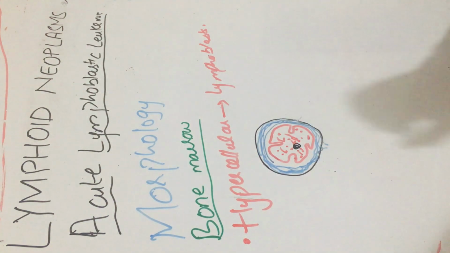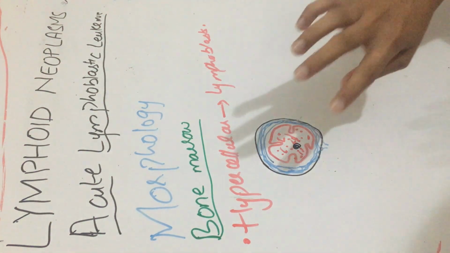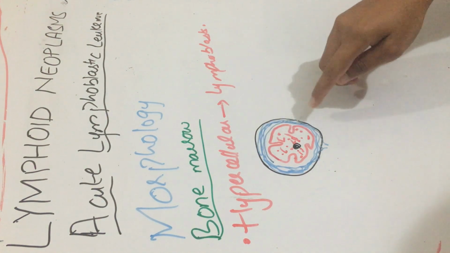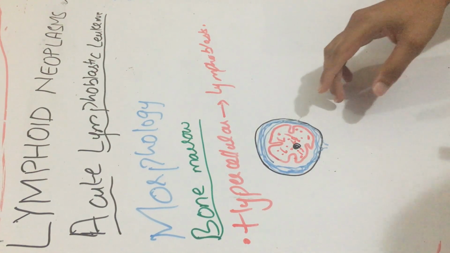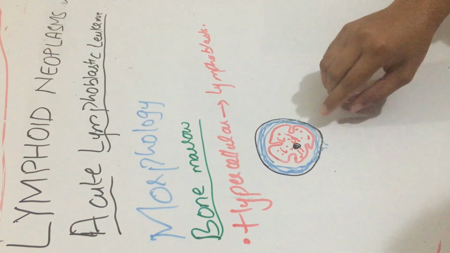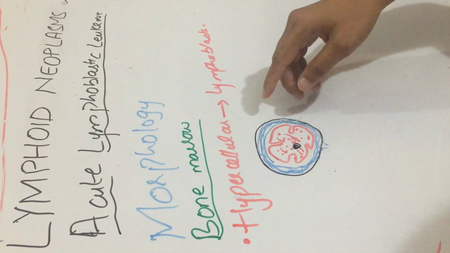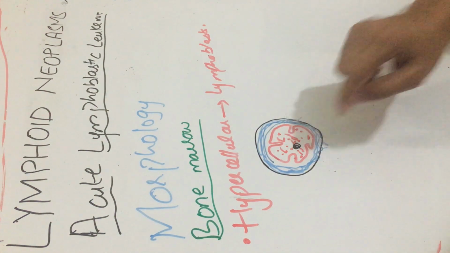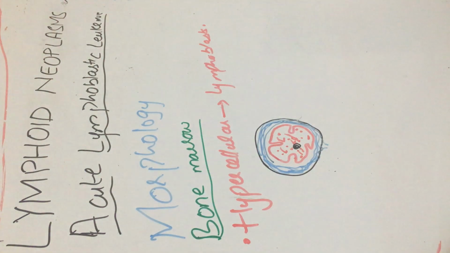So the morphology of the lymphoblast: scanty cytoplasm, a subdivided and cleaved nuclear membrane giving a convoluted appearance, open stippled chromatin, and a small nucleolus in the center, well demarcated.